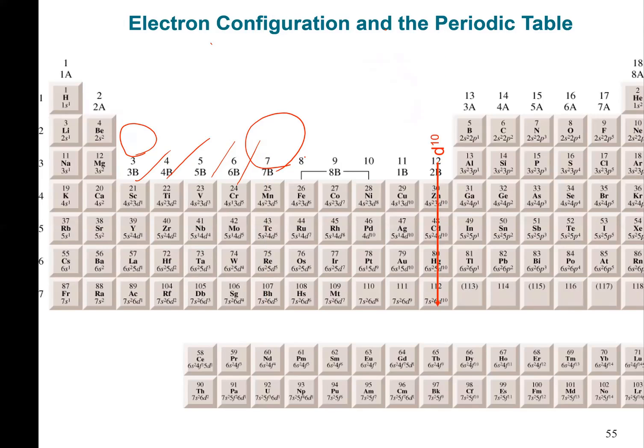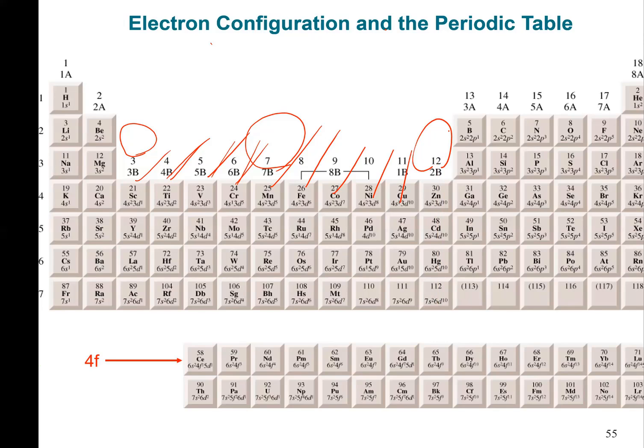And if I go to column 10 of transition metals, 1, 2, 3, 4, 5, 6, 7, 8, 9, 10, I have 10 electrons in the d orbital. How do I know which d orbital we are talking about? This is on the 4th shell, 5th shell, 6th shell. I'll give you a formula pretty soon.